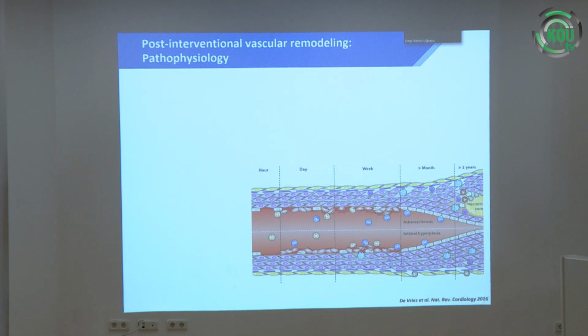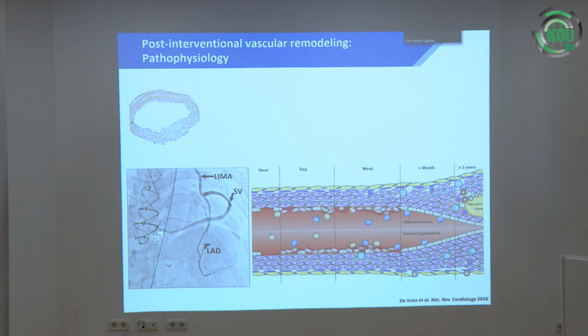Immediately post-operatively, these blood vessels are exposed to increased biomechanical forces, a lot of disturbed flow that then triggers inflammation and proliferation, which is required to allow the adaptation of the blood vessel to its new environment.